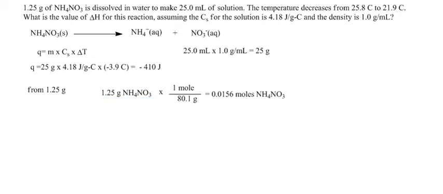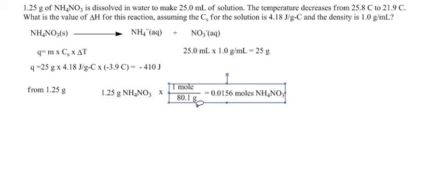we can convert that to moles by multiplying by the molar mass. 1.25 grams of ammonium nitrate times 1 mole per 80.1 grams gives us this many moles of ammonium nitrate.